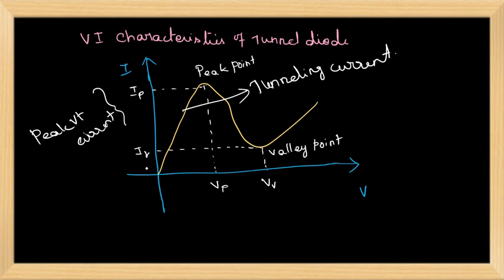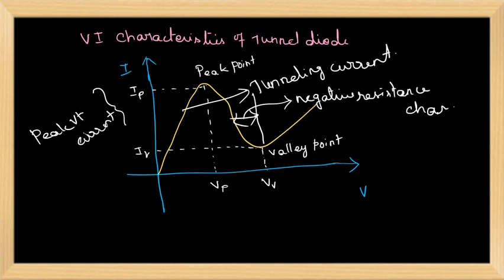Then current starts to decrease because of the misalignment in the conduction band and the valence band. At this stage, the tunnel diode shows the negative resistance characteristics, till it reaches the minimum value of current.